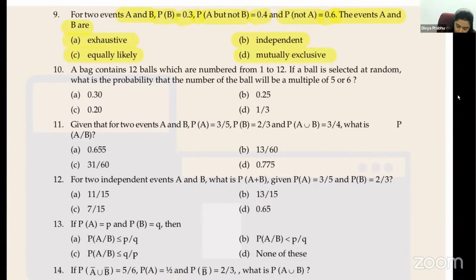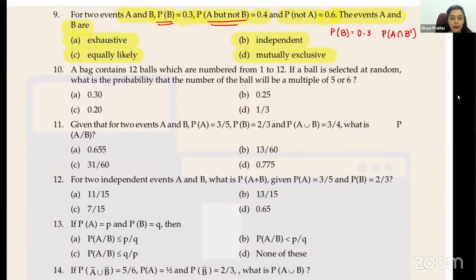Okay. So what is given first of all? Probability of B is given, which is 0.3. Next, probability of A but not B. Remember, we just learned probability of occurrence of A but not B. That is only A. Correct?